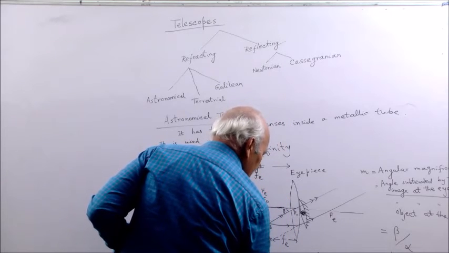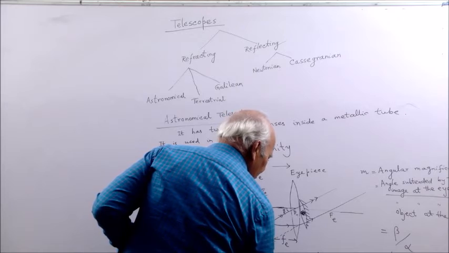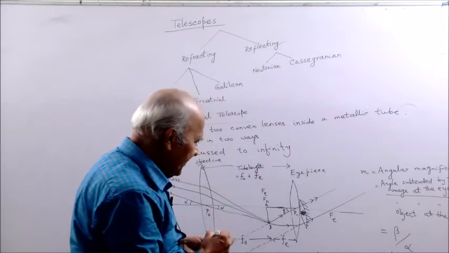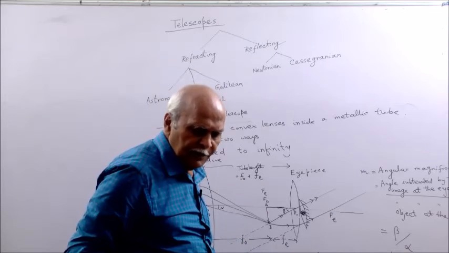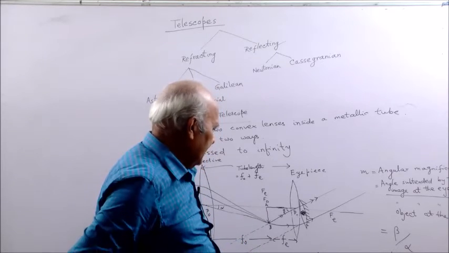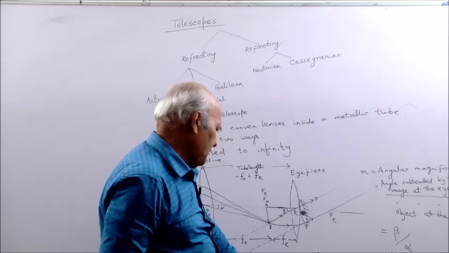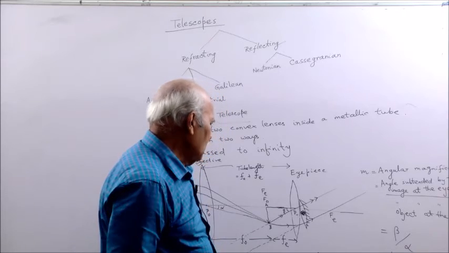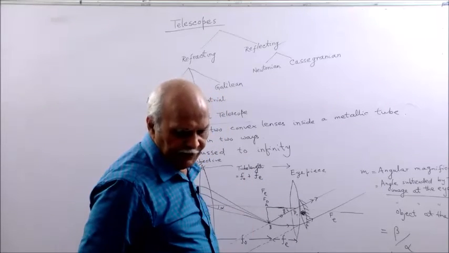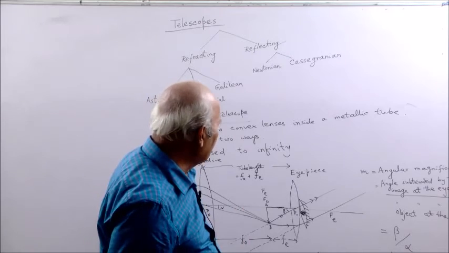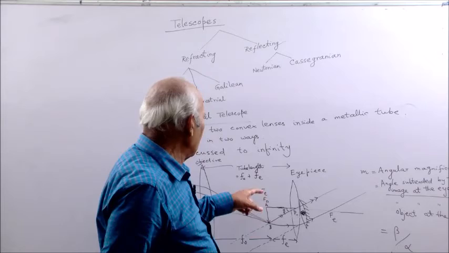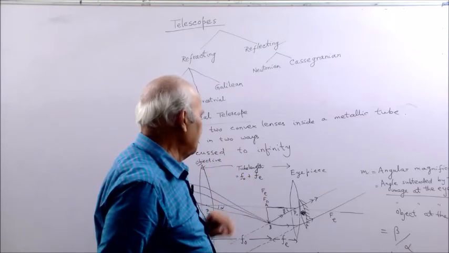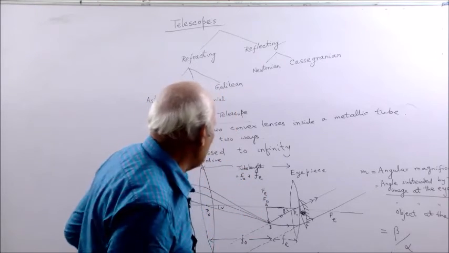So it is FO by FE, and this expression suggests that the focal length of the objective should be much greater than the focal length of the eyepiece, in order to have a greater magnification. And the crosswire, as you know, can be placed at AB, the first image, so the crosswire can be fitted there.